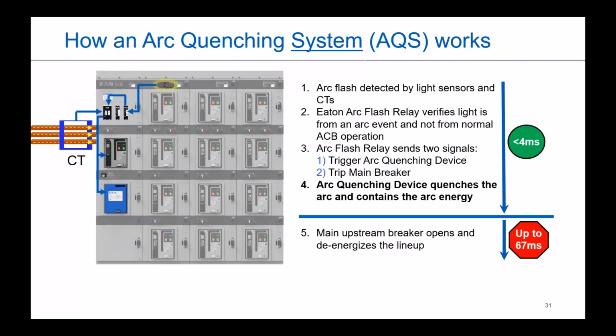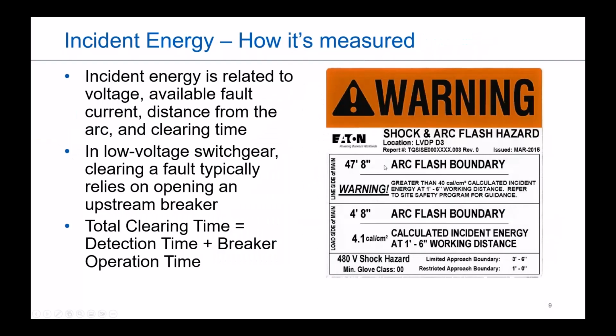As a result, though, you will not have the capabilities of the arc quenching system. So when we talk about the labels, one thing you'll typically see on our labels on our arc quenching system is that you'll actually have two ratings.